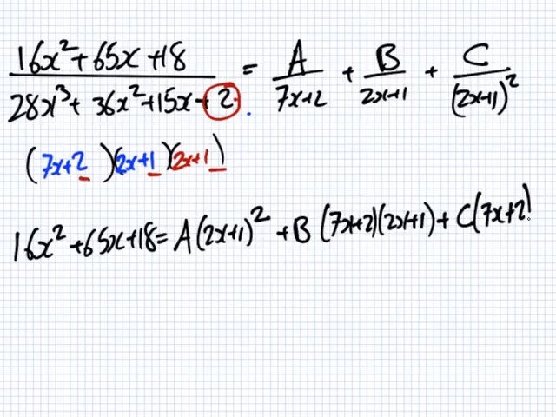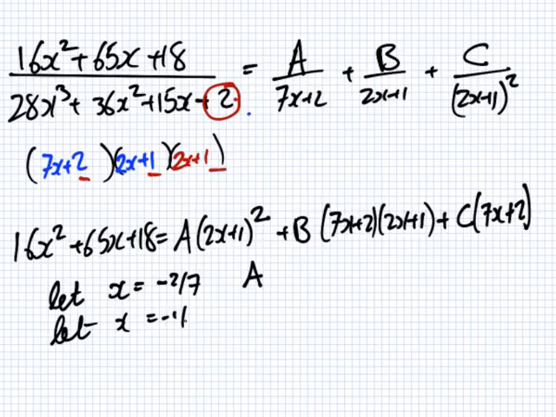Anything else? No, because the 2 of them here cancel with the 2 here. We won't do it, but just tell me what to choose for x. Let x equal minus 2 over 7, and that gives you A. And then let x equal a half.